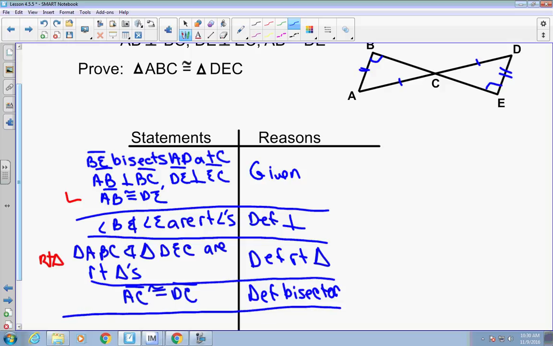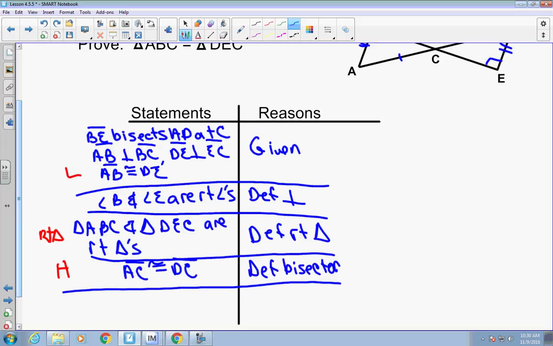Okay, so that takes care of the hypotenuse, right? So I've got the hypotenuse stated, I have the leg stated, and I've stated that it's a right triangle. Is that enough to prove that the triangles are congruent? Yes. So I'm going to say that triangle ABC is congruent to triangle DEC. And what's my reason? Hypotenuse leg.